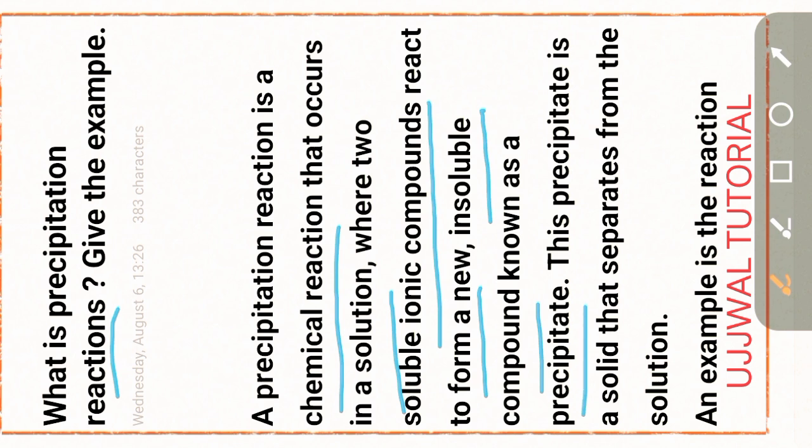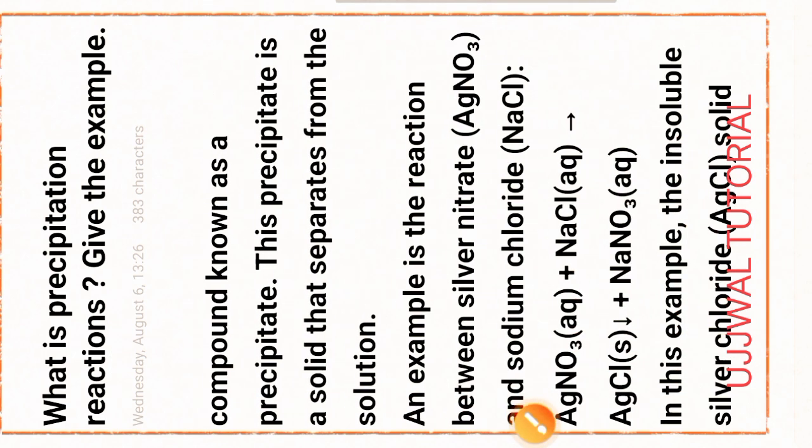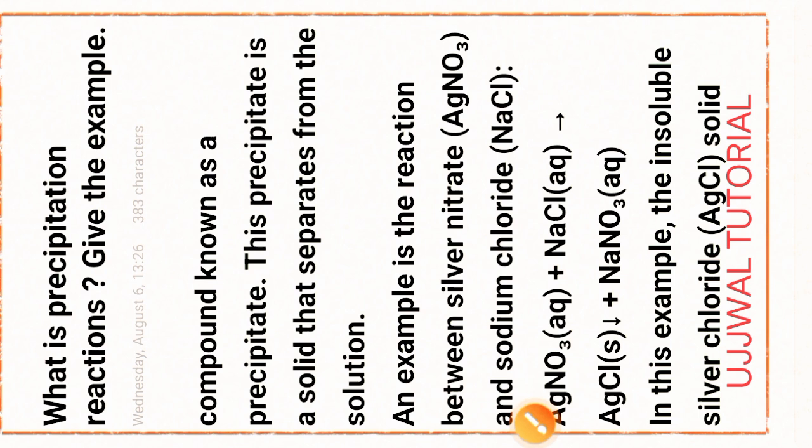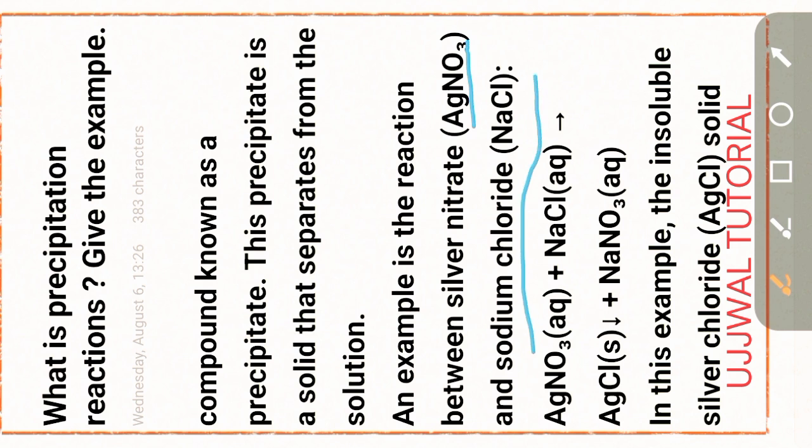This precipitate is a solid that separates from the solution. An example: this is the reaction between silver nitrate, AgNO3, and sodium chloride, NaCl.